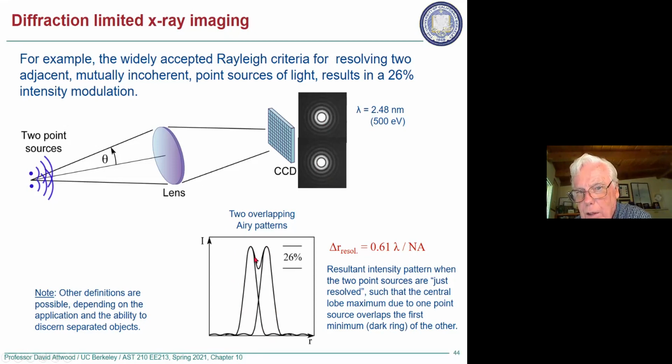And when you bring them close enough together, adding the intensities, this dip is called the Rayleigh dip. And it's when, again, you match the peak of one with the null of the next, okay? It gives you a 26% dip. And that resolution, if you put in the angles and everything else, is 0.61 lambda over NA. So this is for any optical system, okay?